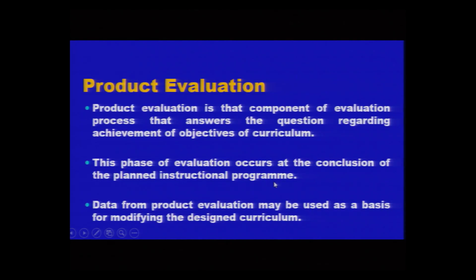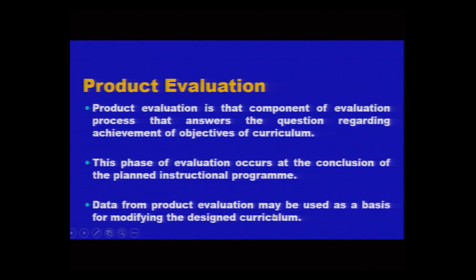So this phase of evaluation occurs at the conclusion of the planned instructional program. When curriculum has been implemented, means in degree program it will be evaluated after 4 years, and in diploma program it will be evaluated after 3 years.